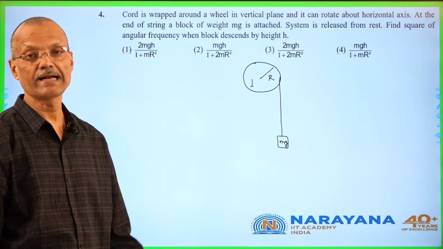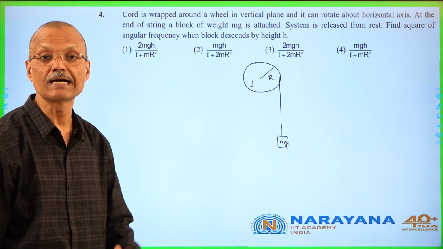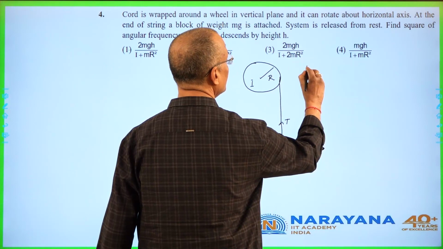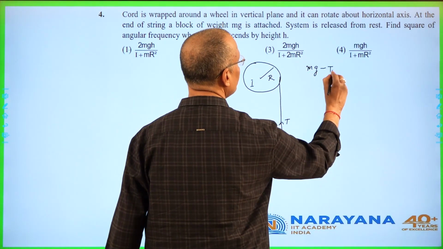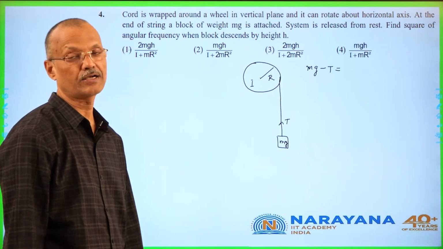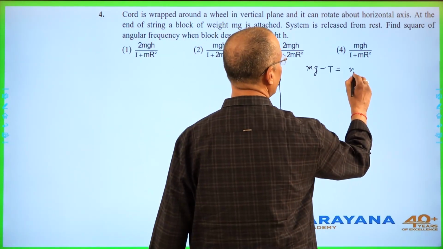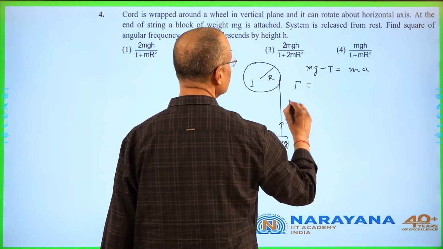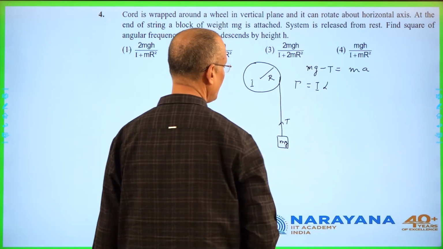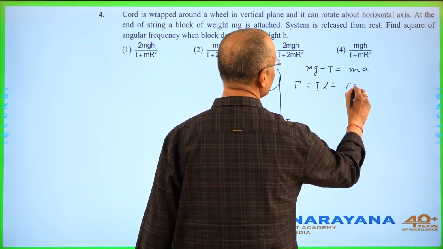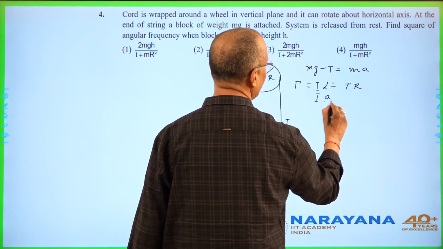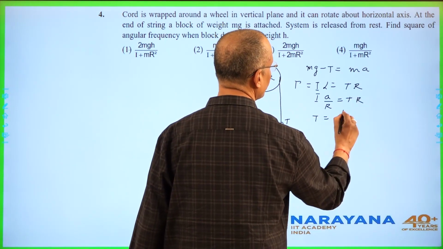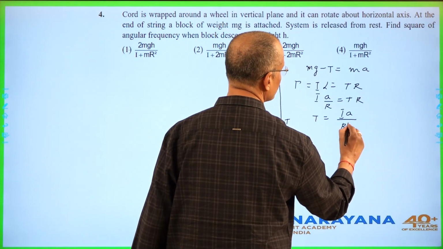If you take free body diagram for the block, then mg is acting downward and tension will be acting upward. So here is T, we will have mg minus T, net force acting on the block. This will be equal to m into A. And if you take torque acting on wheel, this will become I into alpha. This will be equal to T into R, I A by R, T into R. So T will become I A by R squared.